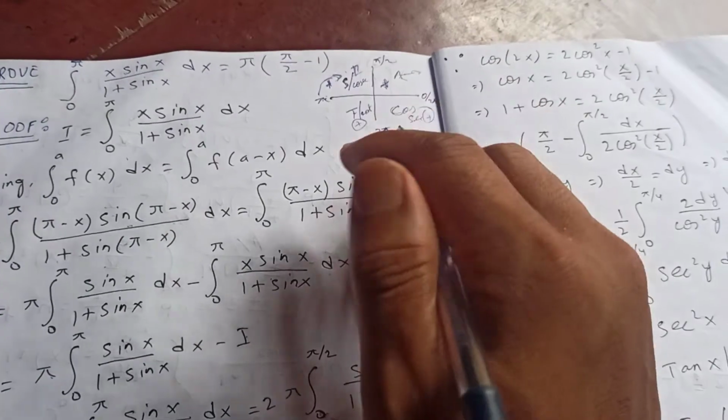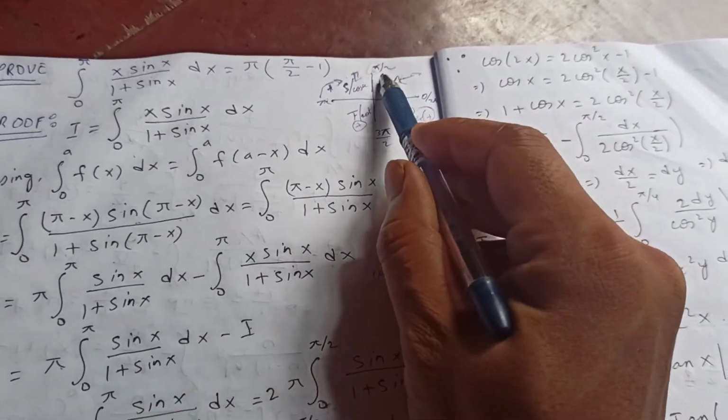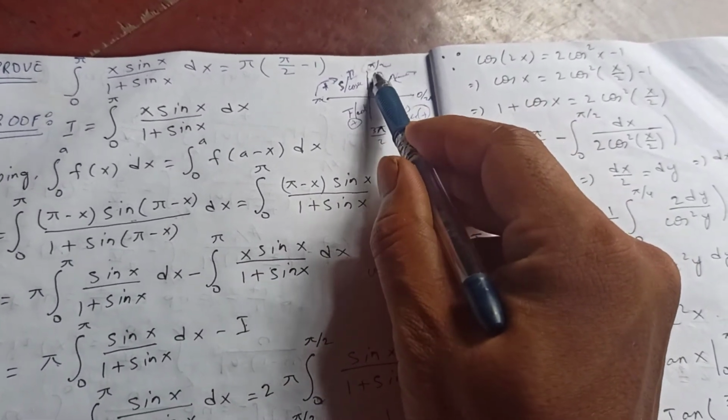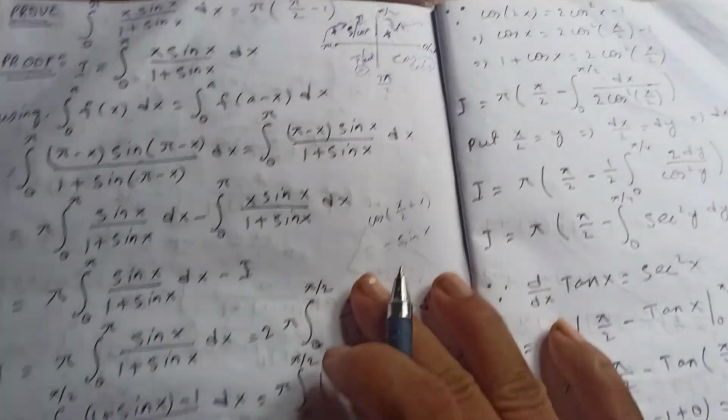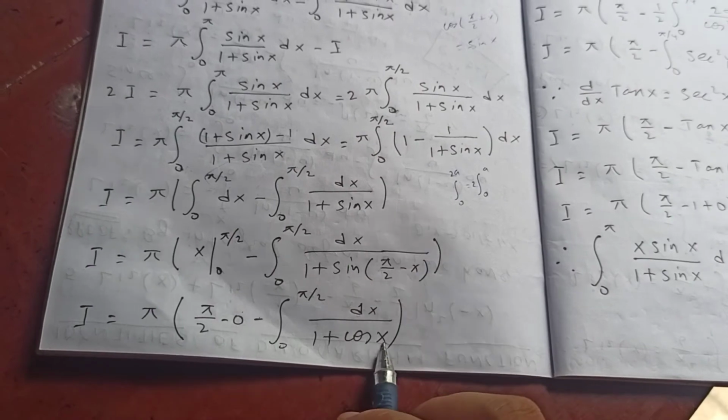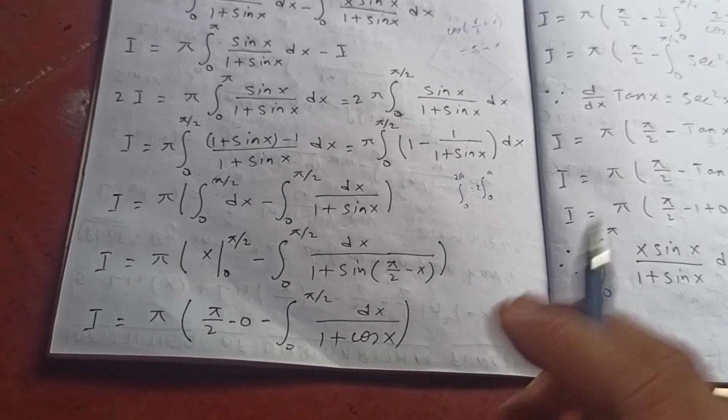Sine of pi by 2 minus x lies in the first quadrant, where all are positive, so it is cos x with a positive sign.